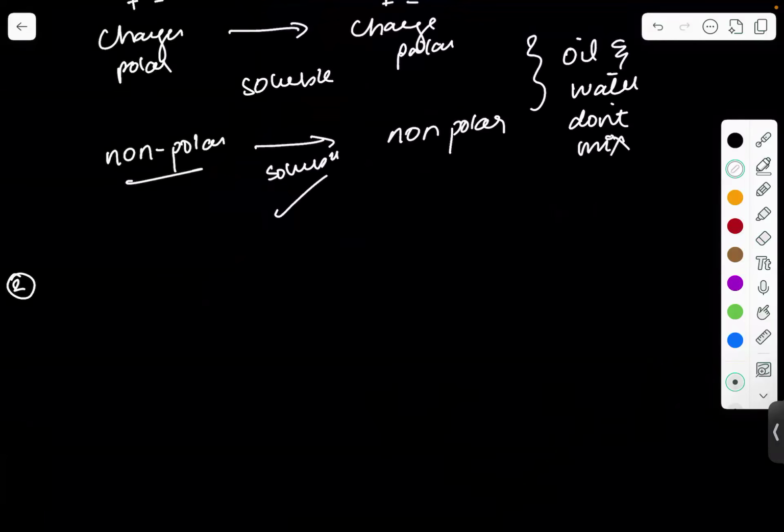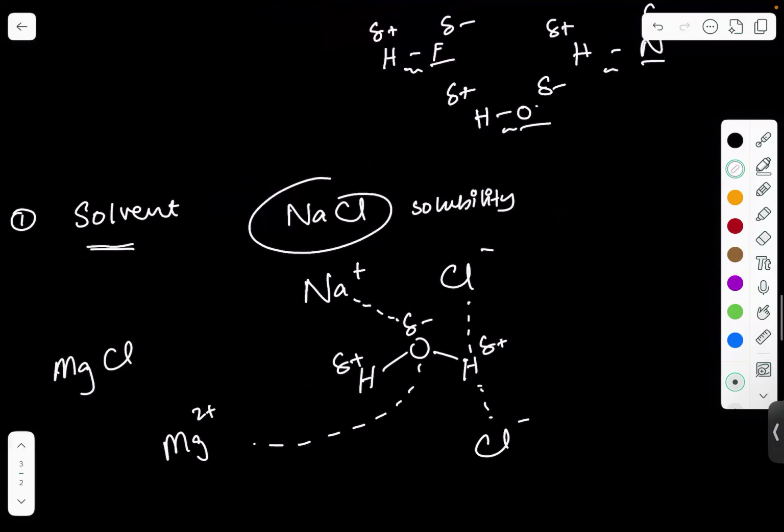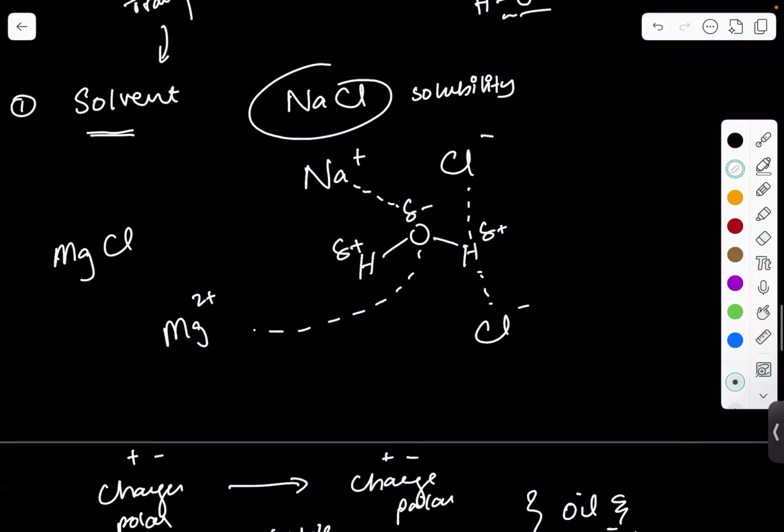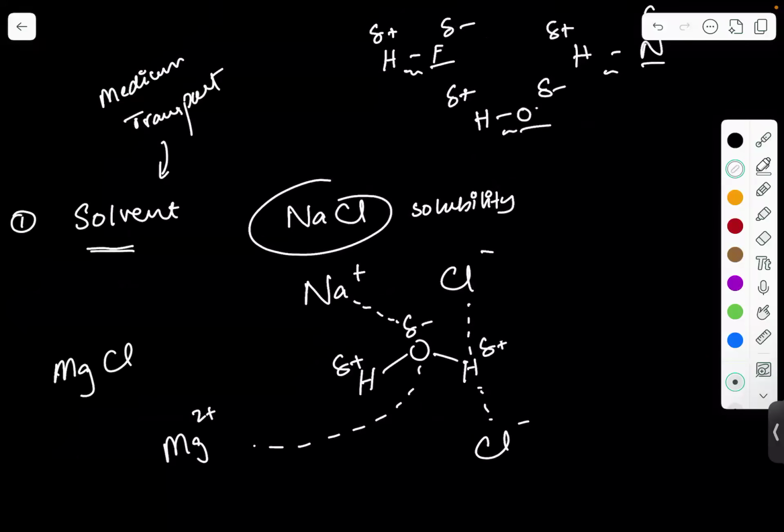Also, when I said solvent, keep in mind that also includes medium for transport, because like I said, blood. This is just an inference of the fact that I said solvent. So it allows for transport of things.